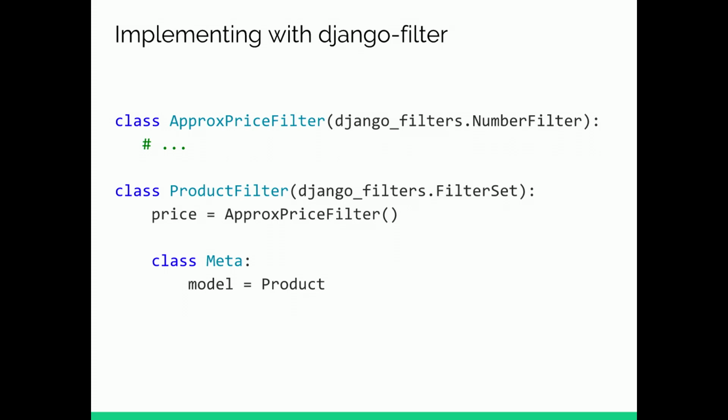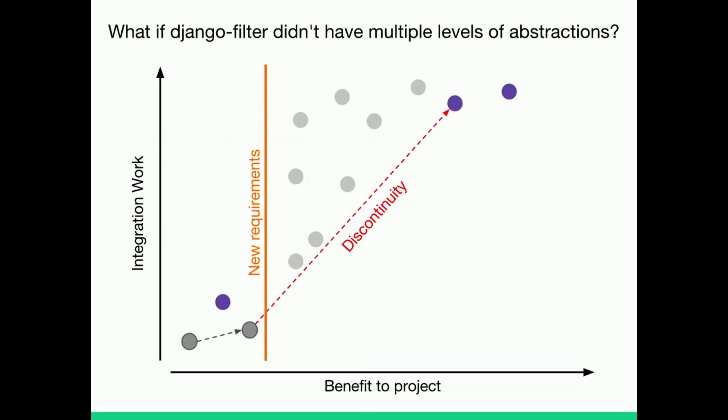I didn't change the code around it. And this is really good because Django Filter supports multiple options of integration, and it's really smooth to change between those options. If we didn't have multiple levels of abstraction in Django Filter, if we didn't have the multiple options, we would have a discontinuity. We would have to jump from a simple integration to a very complex one. And this would be really difficult for us as app users, as API users.